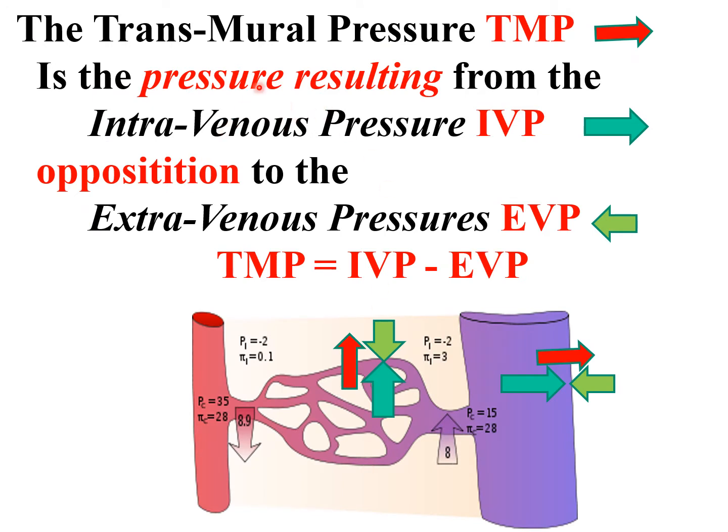The transmural pressure results from the difference between the intravenous pressure and the extravenous pressure. This is the intravenous pressure, extravenous pressure, transmural pressure at the level of the microcirculation, and here at the level of the vein, intravenous pressure, extravenous pressure, transmural pressure.